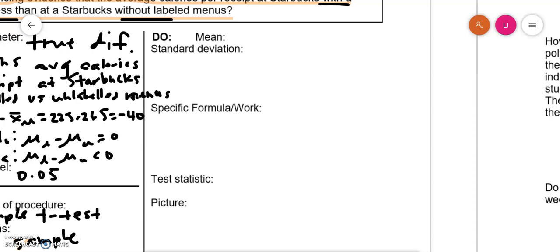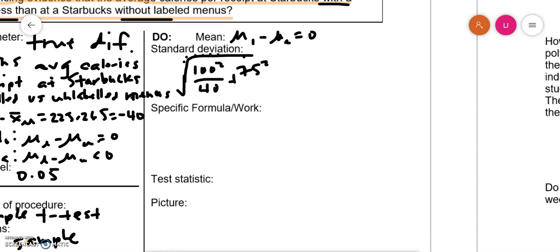Our mean, we always assume is what our null hypothesis says, because we always assume that to be true. So mu1 minus mu2 is 0. Standard deviation, remember this formula. We went over it yesterday, but it is in your reference sheet. It is our first standard deviation, 100 squared over that sample size, which is 40, plus the second one, 75 squared over that sample size, which was 30.